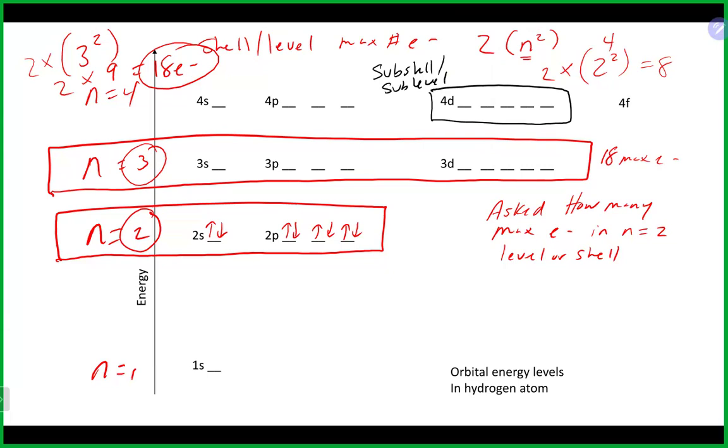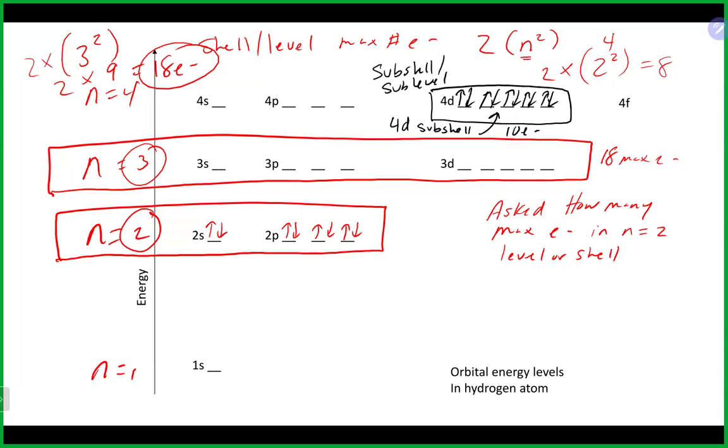If you're looking at the 4d subshell, that's all of those orbitals together, which once again, you could fill with 1, 2, 3, 4, 5, 6, 7, 8, 9, and 10 electrons to max that out.